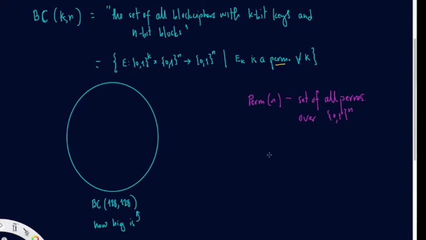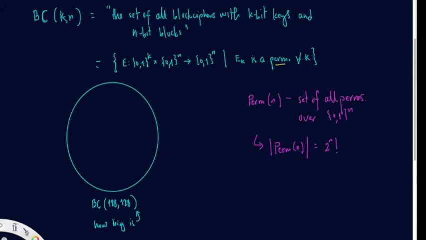If I ask you how many are here, what's the size of Perm n, I think most of you, after just a few seconds of thought, would say (2^n) factorial. Why is that? Well, it's because we're taking mappings over n-bit strings. There are 2^n n-bit strings, and we're saying I want to know every way to permute a list of 2^n strings, and we know that's (2^n) factorial.